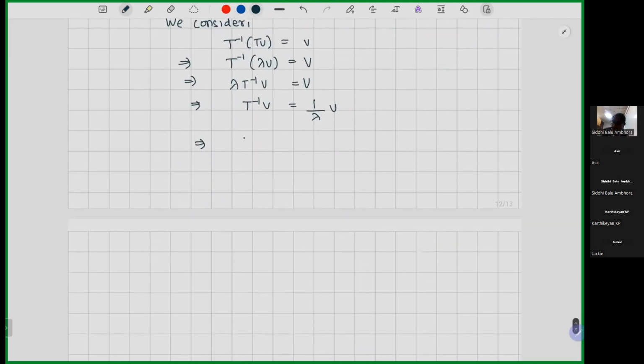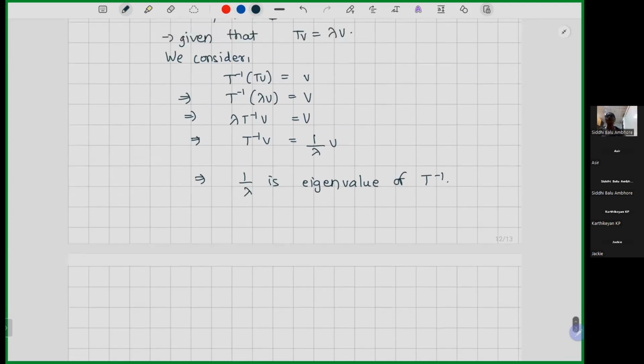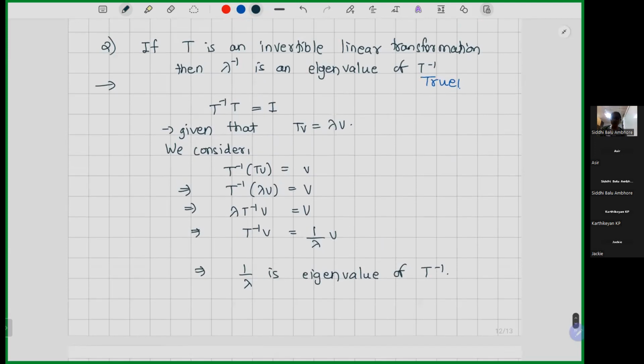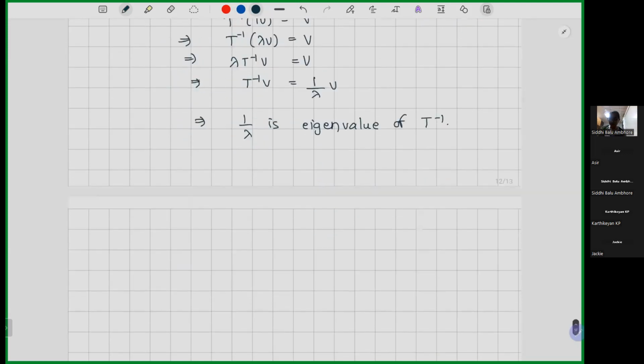So this implies that 1 by lambda is an eigenvalue of T inverse. Is it okay? This was quite clear using this condition.